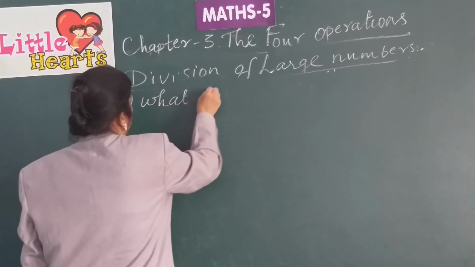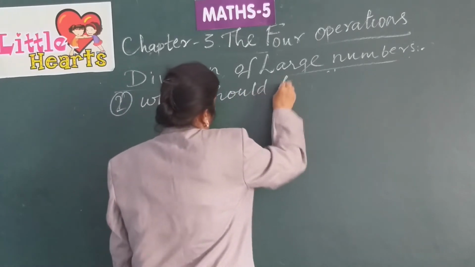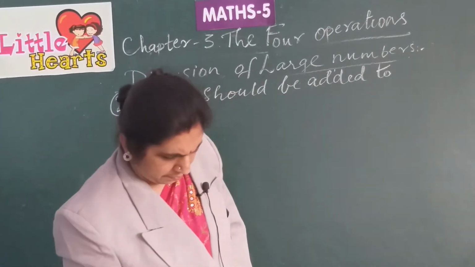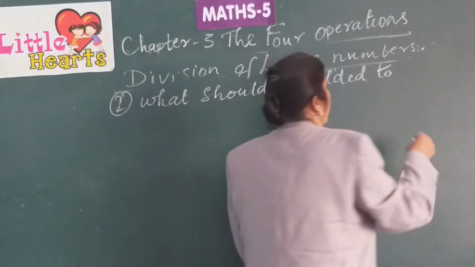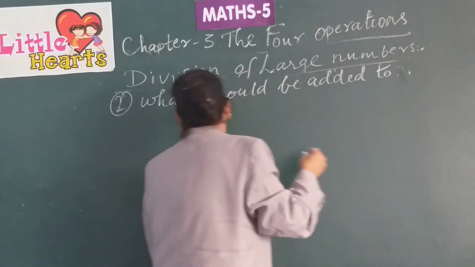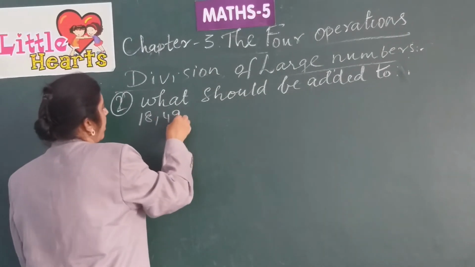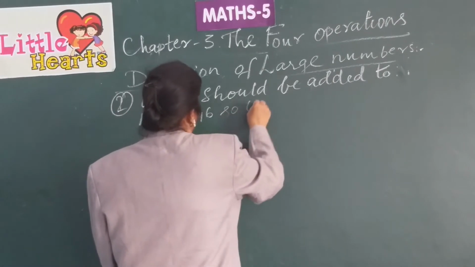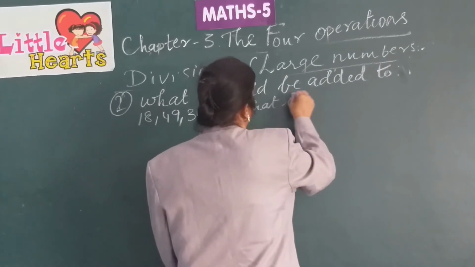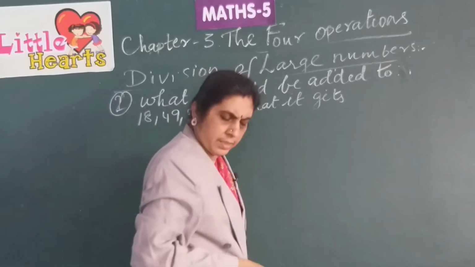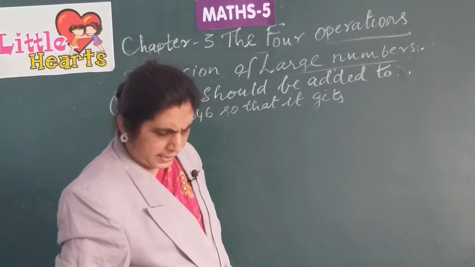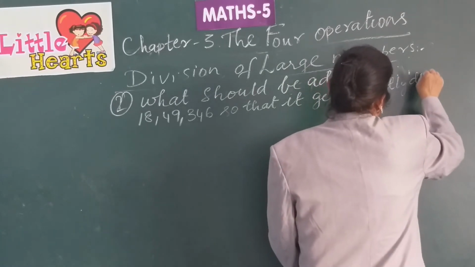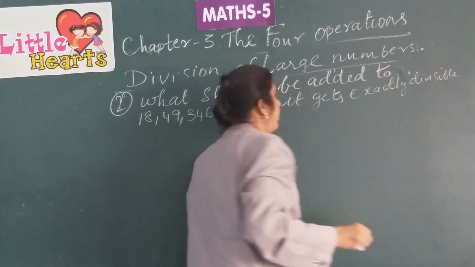And let us go with another word problem now. What should be added to 18,49,346 so that it gets exactly divisible by 124?